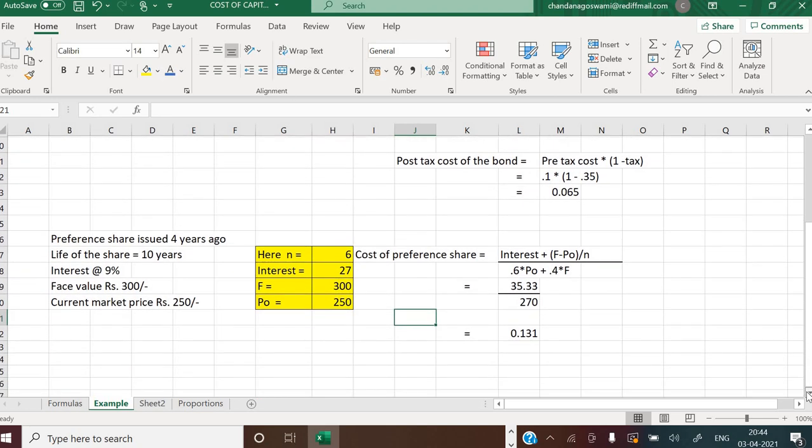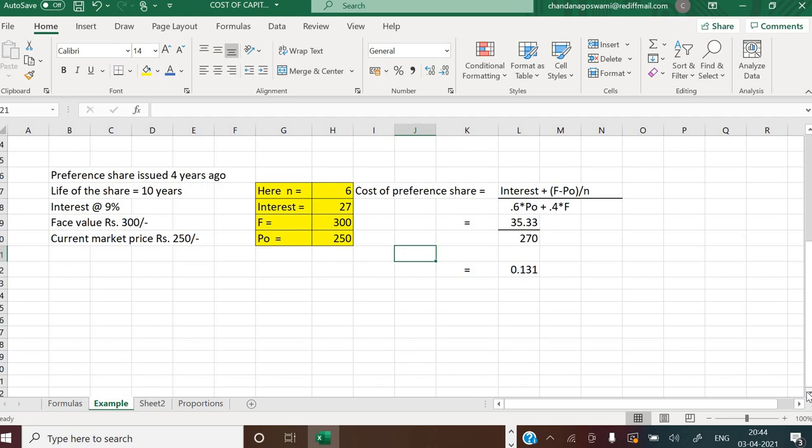Now let's have a look at the preference share. This preference share was issued 4 years ago and it has a life of 10 years. It carries an interest of 9%. Fixed dividends, no? Face value is 300, current market price is 250. So here n, that is number of years left to maturity, is 6.